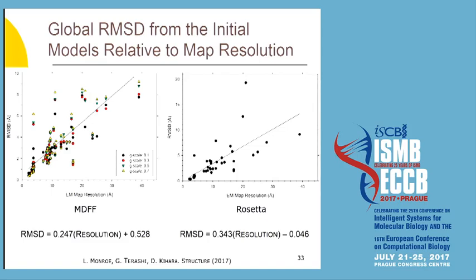Same thing for Rosetta. Actually, in Rosetta, some of the structures move much more than with MDFF. So the y-axis value at the top is slightly different, but it's the same thing. At 10 angstrom, on average, the structure moves by about 3 angstrom.